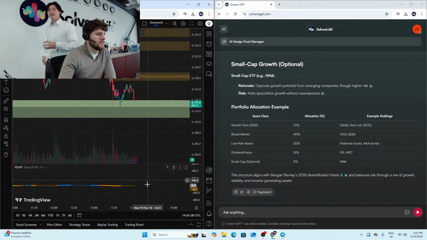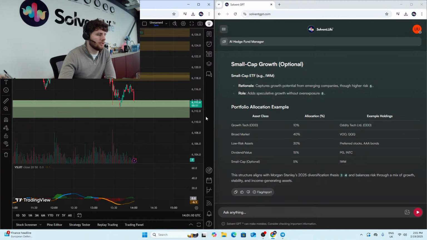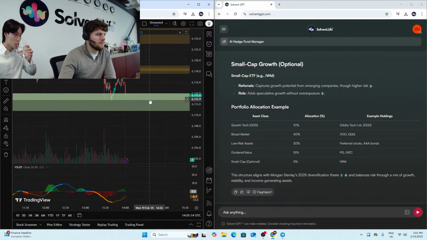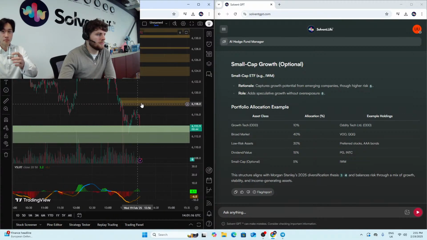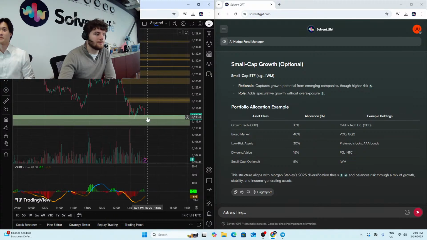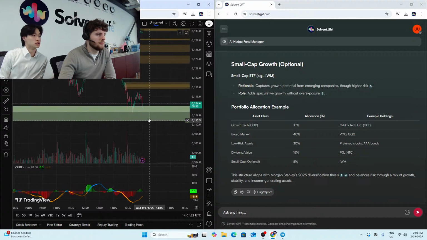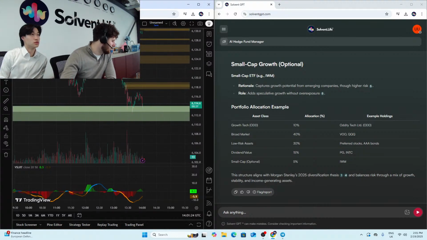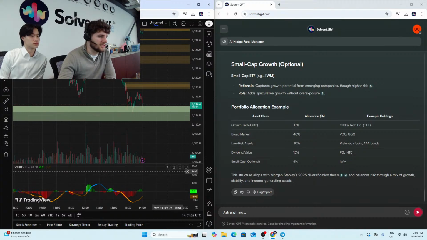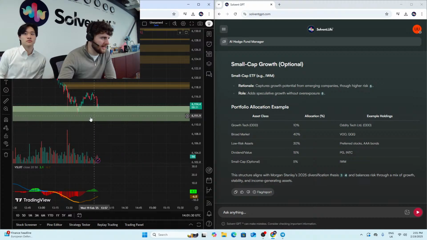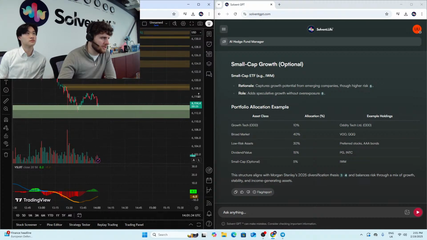So yeah, pretty significant break of structure here. We'll see what potential trades we can take. Looks like quite a big drop, but then a bounce back. We will see what happens over the next couple of minutes.